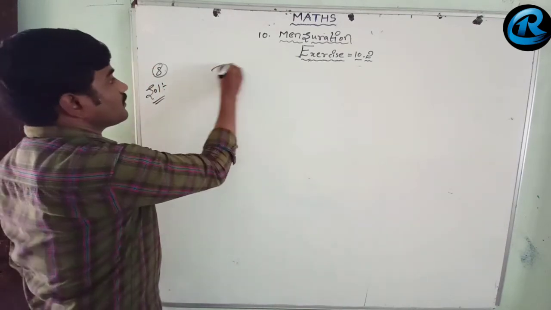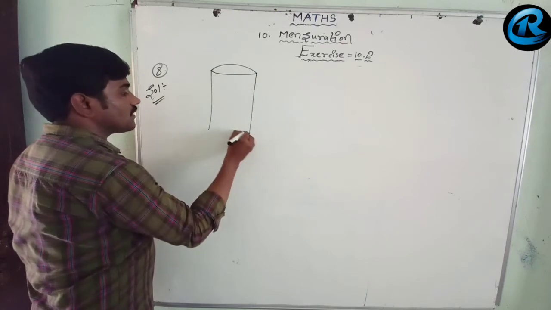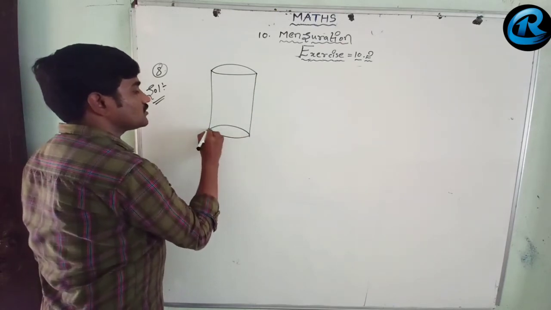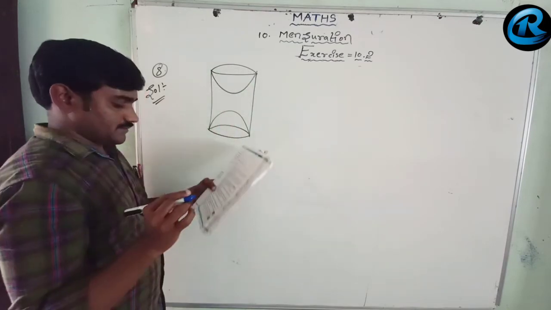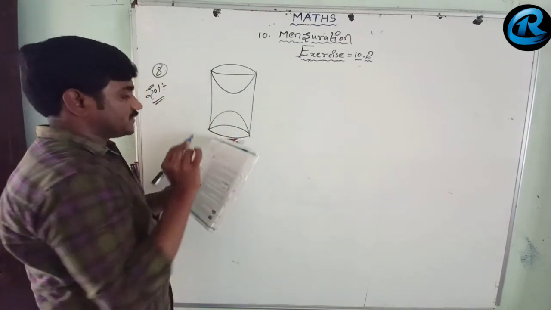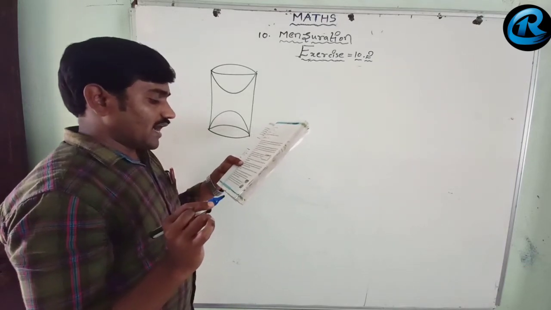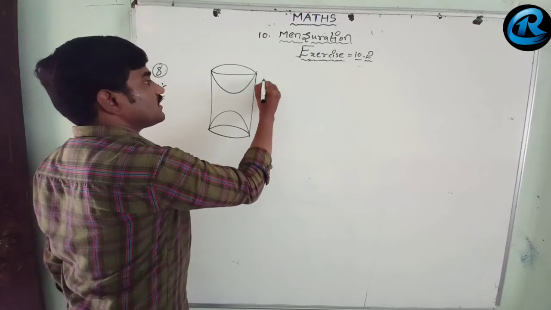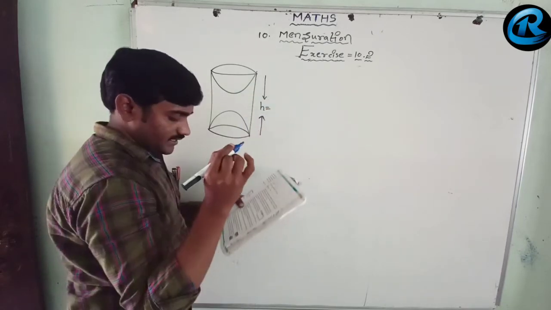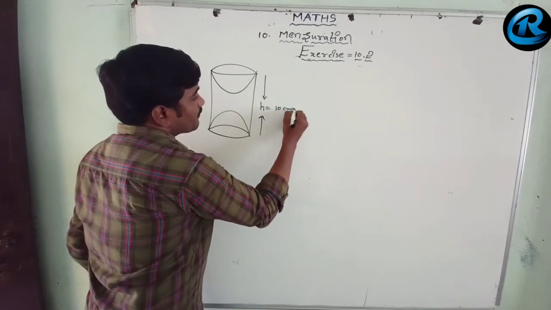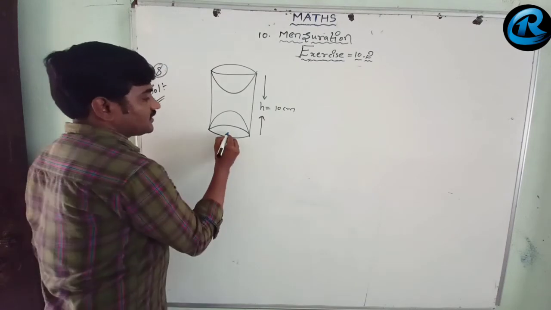Here there is a cylinder, scooping out the two hemispheres here inside of this. Two hemispheres. Then, as shown in the figure, the height of the cylinder h equal to 10 centimeters.